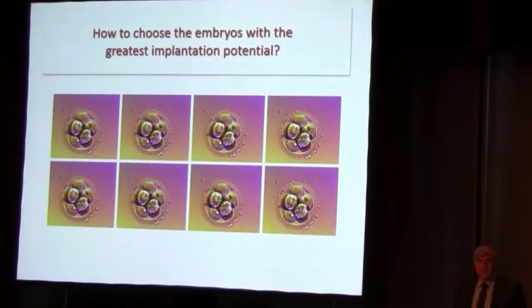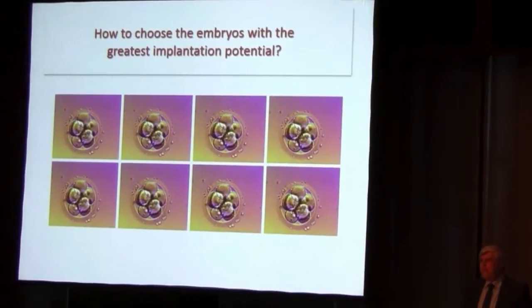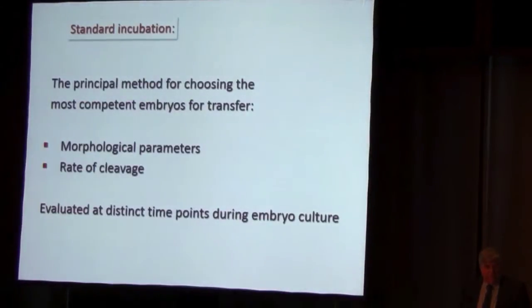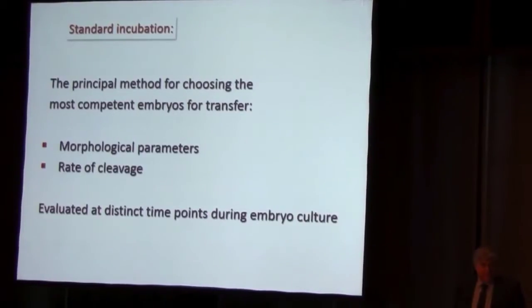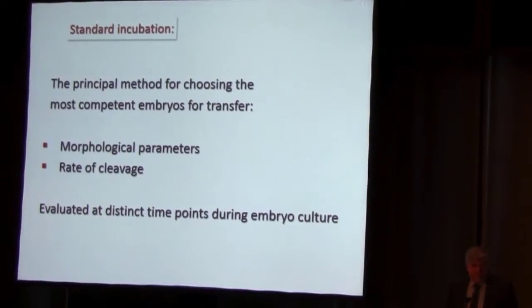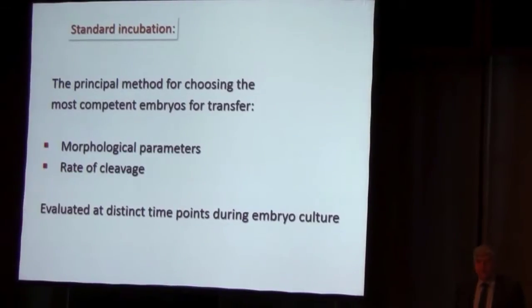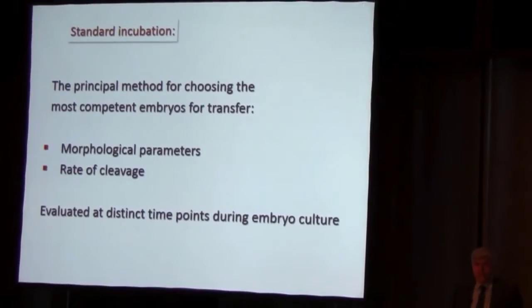If you look at the usual microscope, you see that embryos look the same. And the question is if they are all the same. So within the standard incubation, the principles for choosing the most competent embryos for transfer are morphological parameters and the rate of cleavage.